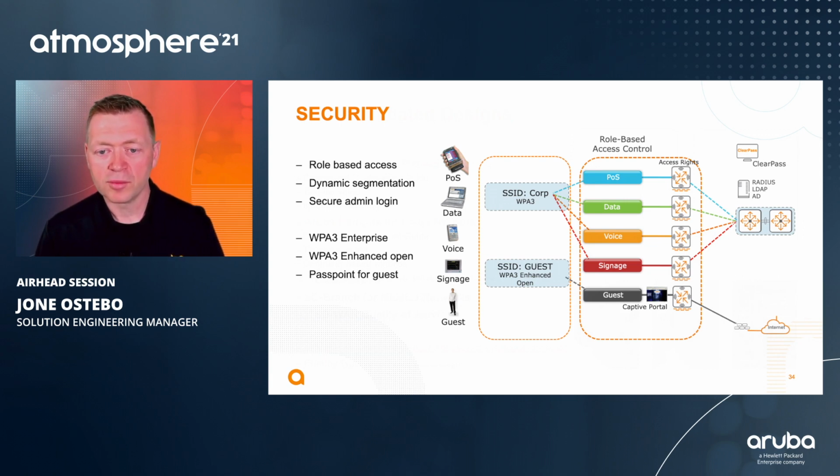Based on the response from the RADIUS server, they'll be placed in a specific user role. When you're placing them in this specific user role, they have their own personal firewall isolating them from other devices on the network. There might be rules tied to time of use. There might be rules based on bandwidth limitation. There might also be just firewall policies to block them away from each other.